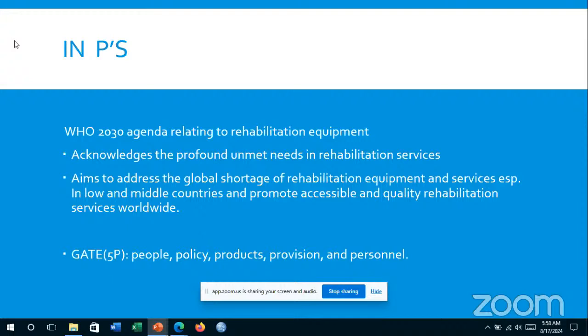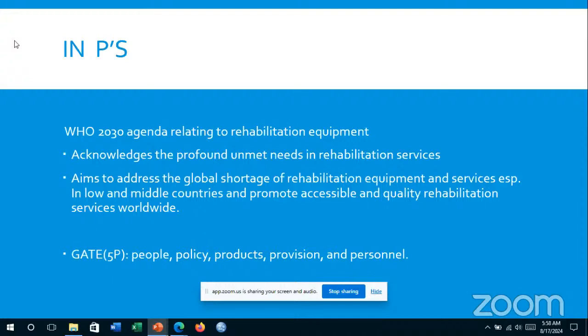And part of the agenda is to address the global shortage of rehabilitation equipment and services, especially in low and middle income countries, and to promote accessible and quality rehabilitation service worldwide.